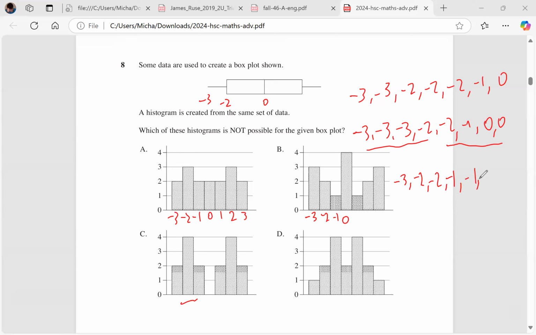There's 4 negative 1's. So that means the median of this is going to be negative 1. If you add more zeros, it's still going to move over to negative 1. So maybe this is the one that's wrong. So I might say D, but let's have a check.